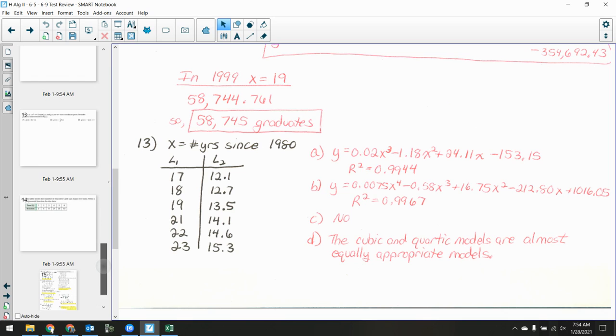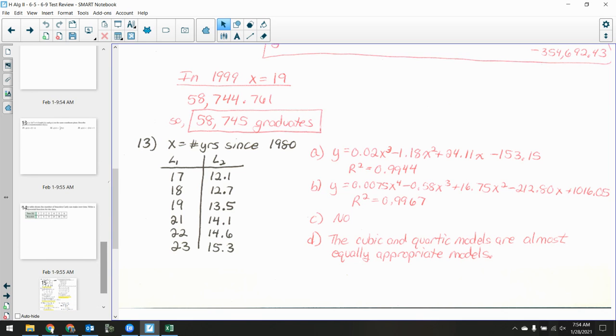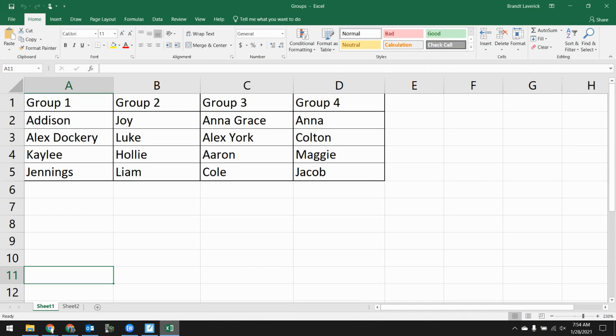All right, here we go. So, group test. Let's talk about the group test a little bit. Let me show you your groups. Okay, 4 groups, 4 people each. Here's the deal. If anybody is absent tomorrow, you will be taking this group test on Monday with anybody that was also absent in any of the other Algebra 2 classes as well.